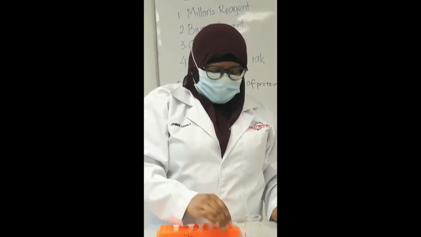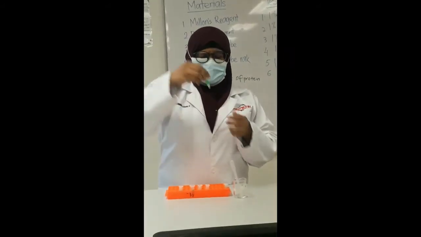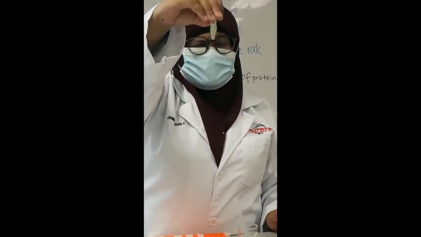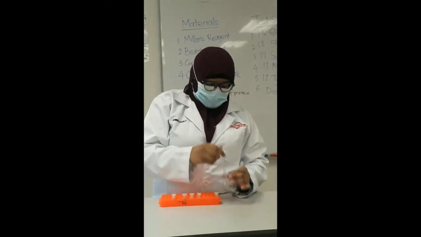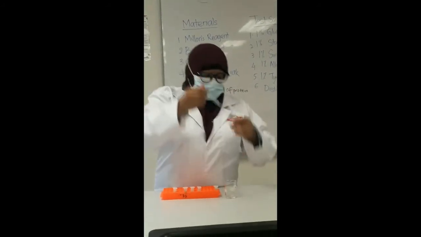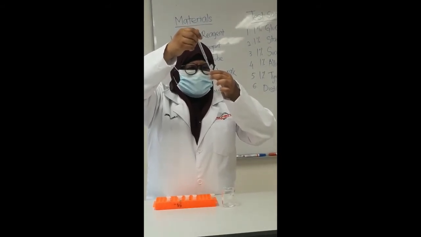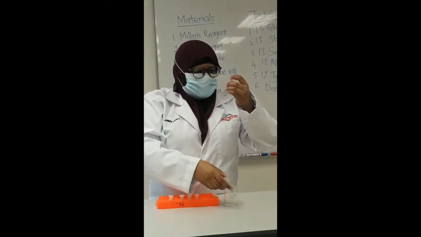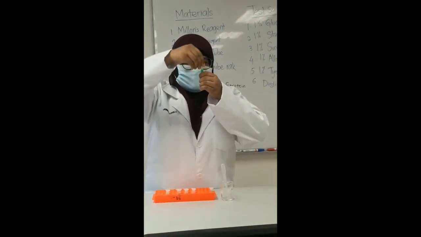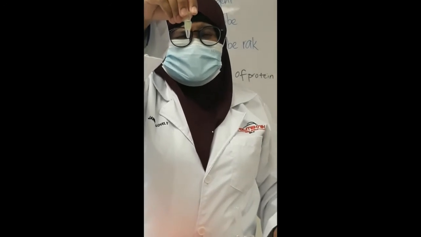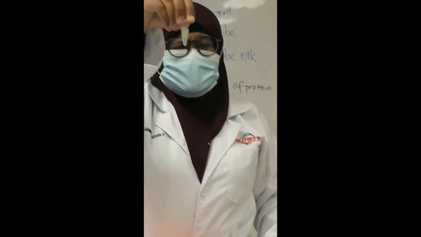Okay, next I move on to 1% sucrose. This is the color for 1% sucrose. I'm going to add 2 drops of Millon's reagent. This is the result after adding 2 drops of Millon's reagent into 1% sucrose.